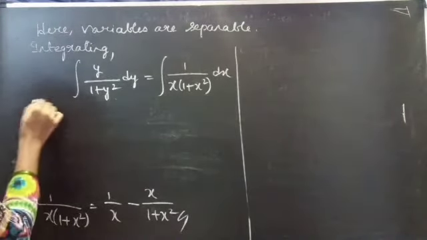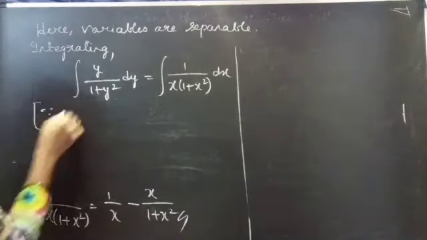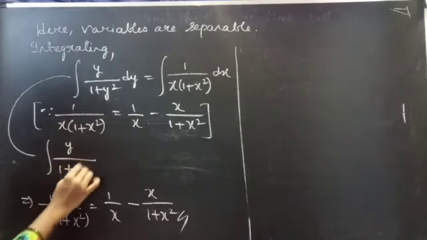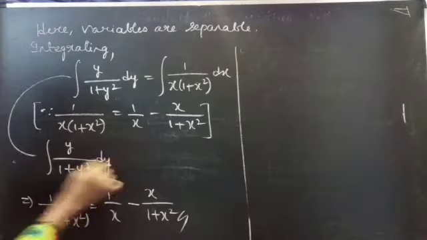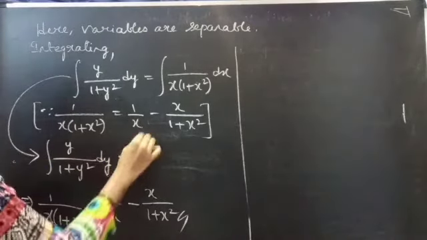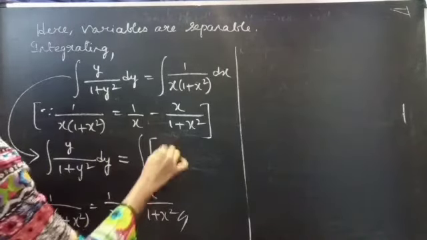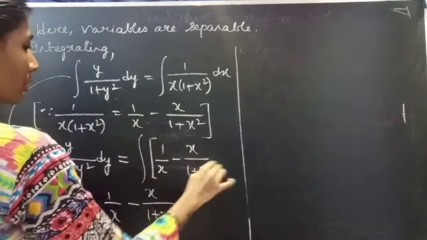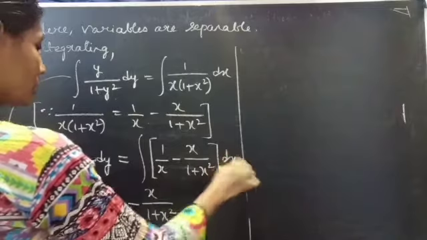Since 1 by x into (1 plus x square) equals 1 by x minus x by (1 plus x square), you could write this as integral y by (1 plus y square) into dy equals integral of 1 by x minus x by (1 plus x square) into dx.